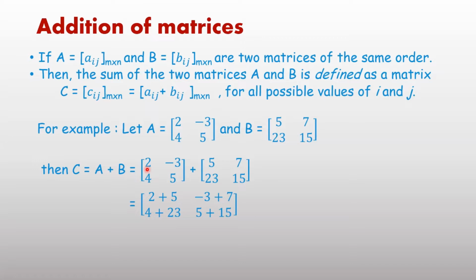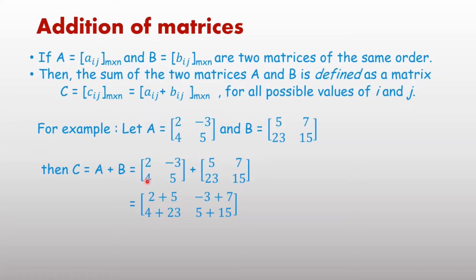What is the position of 2 here? A11. A11 means first row, first column. Corresponding means in second matrix also we add the element at the same position, means B11. So 2 plus 5. Minus 3 plus 7. Corresponding element.